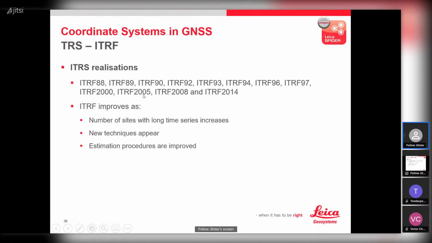Since 2005, we have only had a few realizations: ITRF 2005, then ITRF 2008, ITRF 2014, and now we will have ITRF 2020. So these are the realizations of this theoretical system.